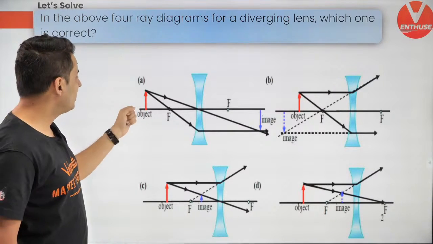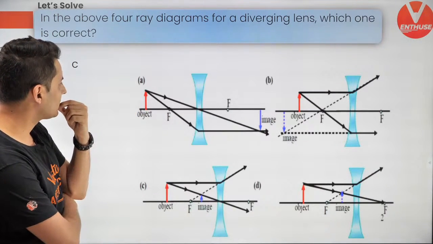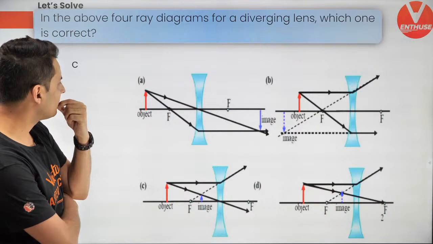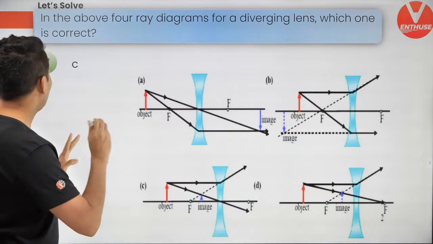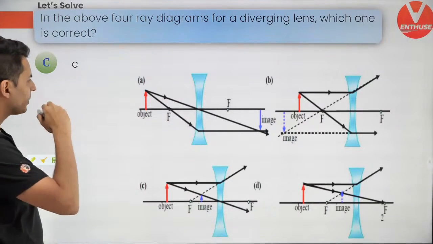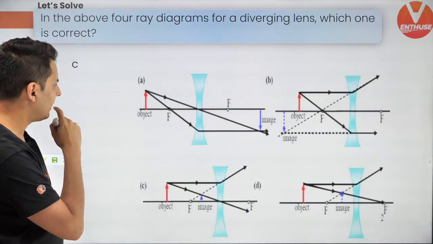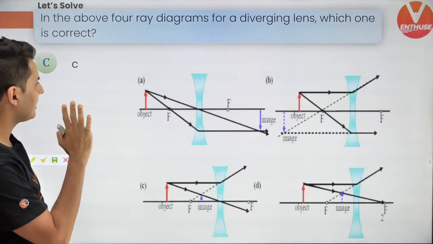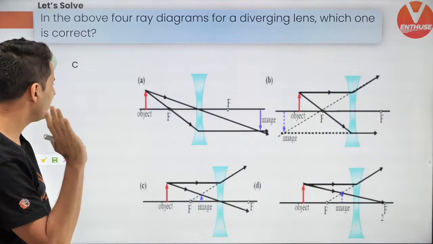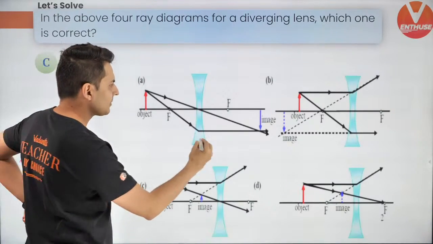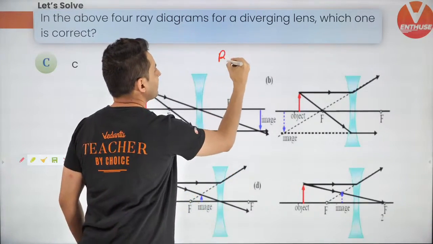Achha. And let's try to think about this. Is the image formed like this or somewhere else? Now, if you look at these ray diagrams, one only is correct. All others are wrong. Something is wrong. Okay, guys. Use the principle of reversibility.